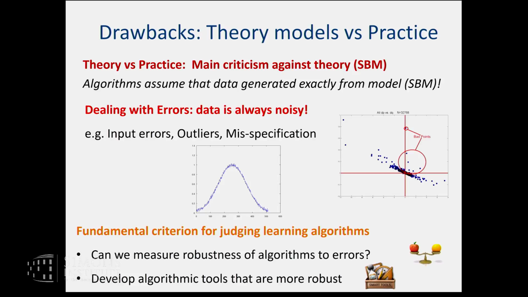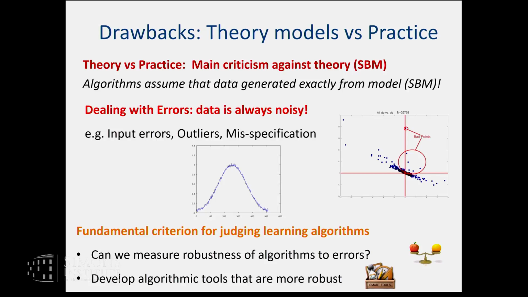So you're not given a graph that is generated exactly according to a stochastic block model, but it comes from some other probabilistic model that's close to a stochastic block model. So there's just some model misspecification. Okay, and you want your algorithms to be robust to this kind of noise. I think it's a very important criterion in picking a good learning algorithm. You want your learning algorithm to be robust to noise.